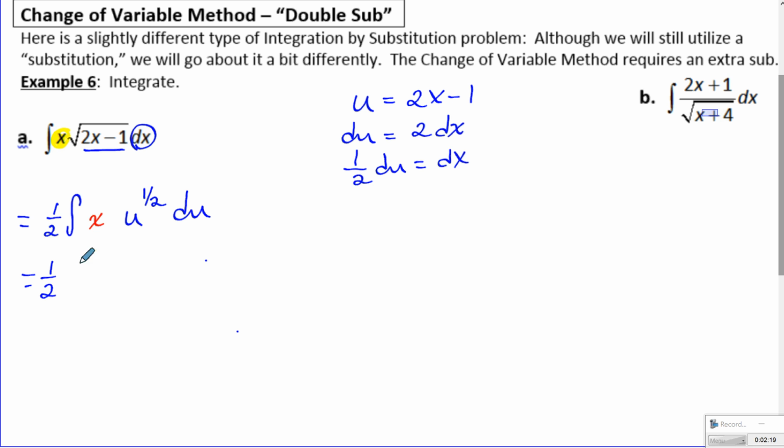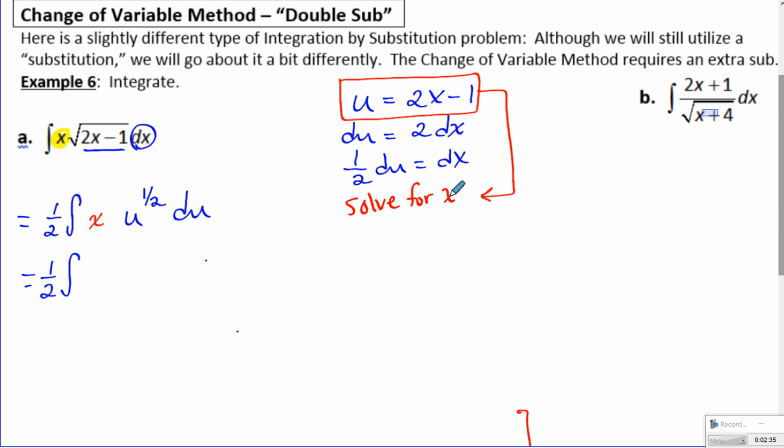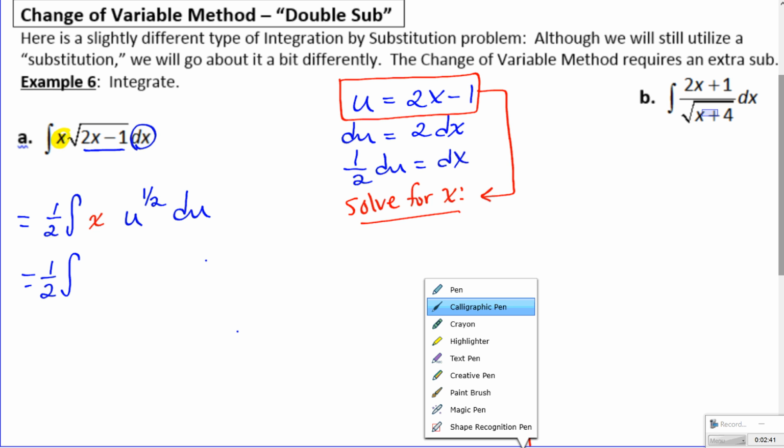I need to get everything into u's. So here's the little trick we're going to do. We're going to take our u statement and solve it for x, and we'll figure out what x is in terms of u. That should be fairly easy to solve, shouldn't it?